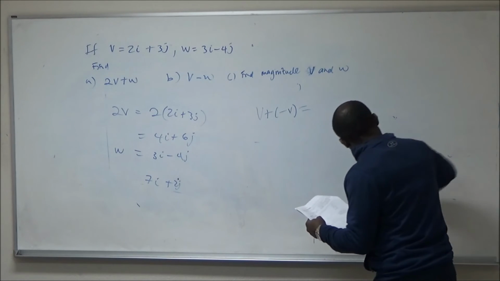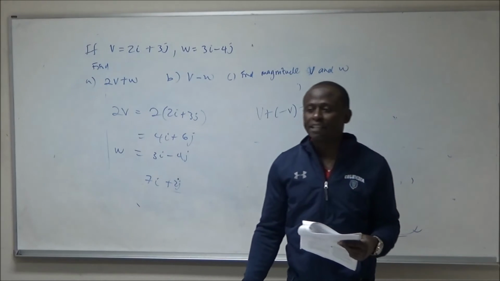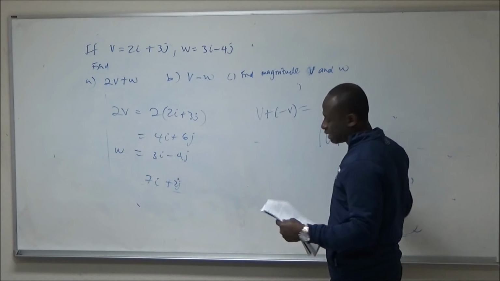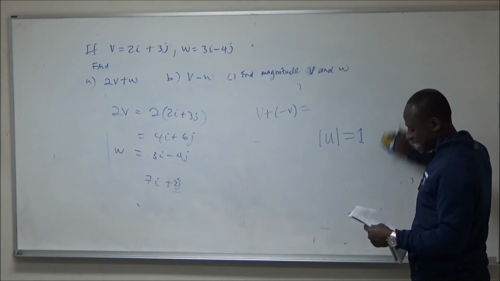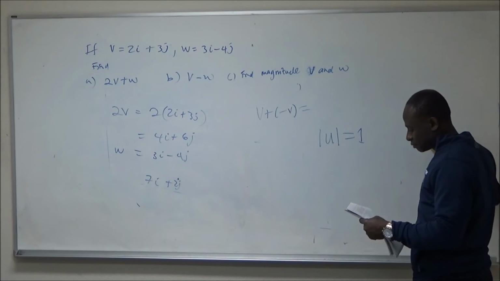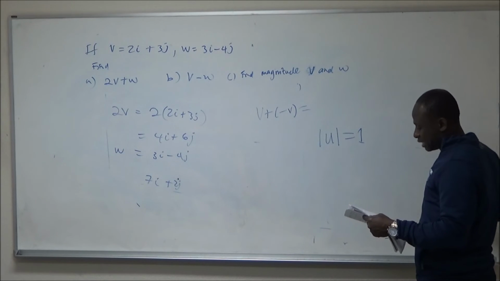So this is another one, just checking our understanding of the thing. If the magnitude of a vector is equal to 1, that vector is called a unit vector. Okay. True or false?